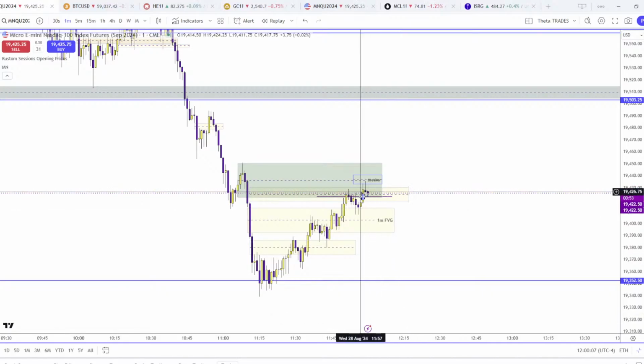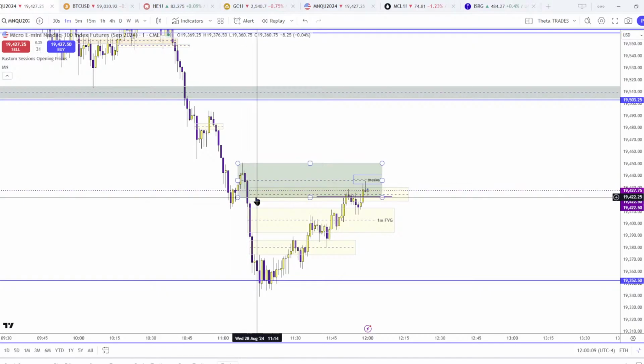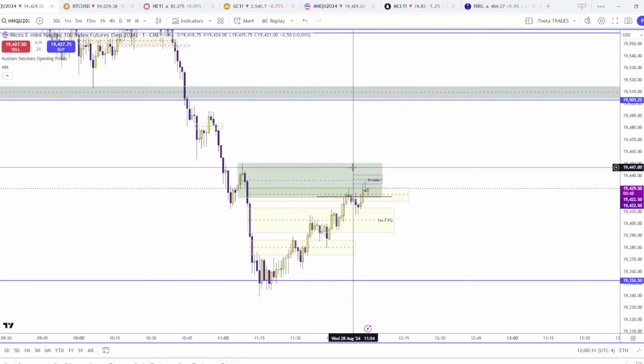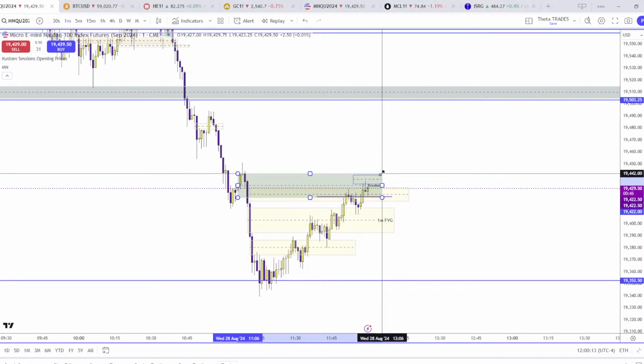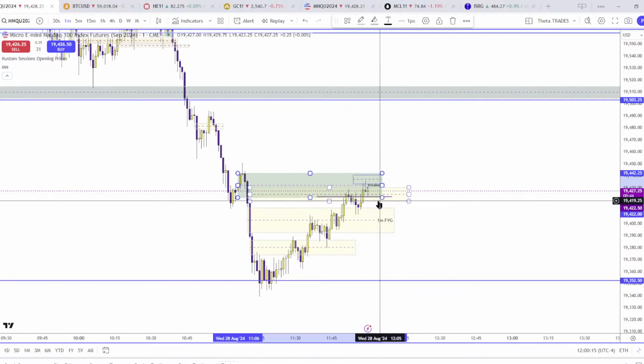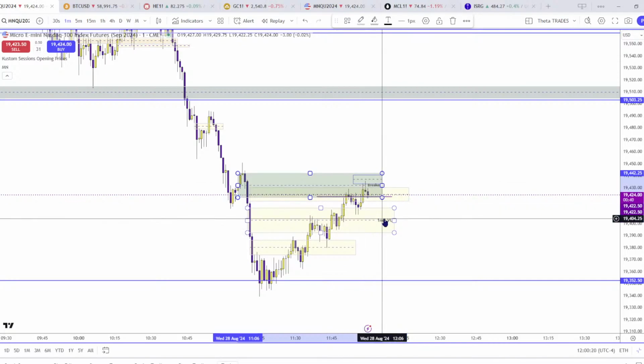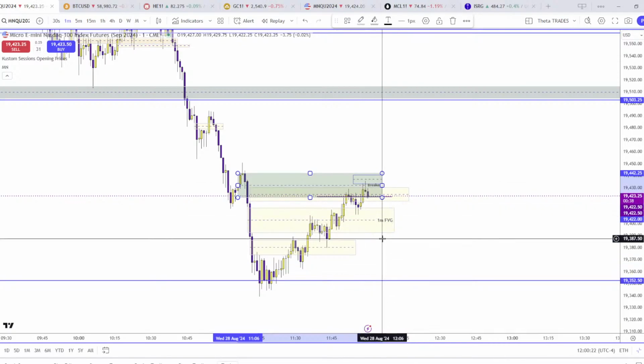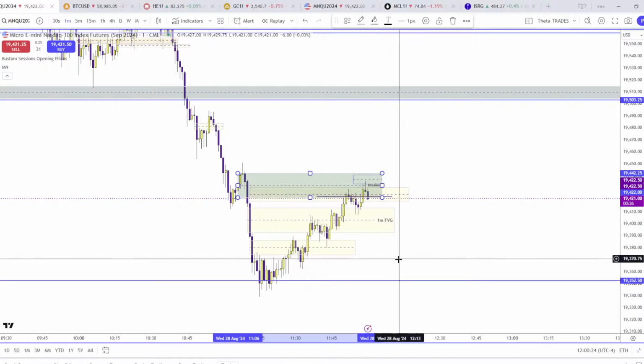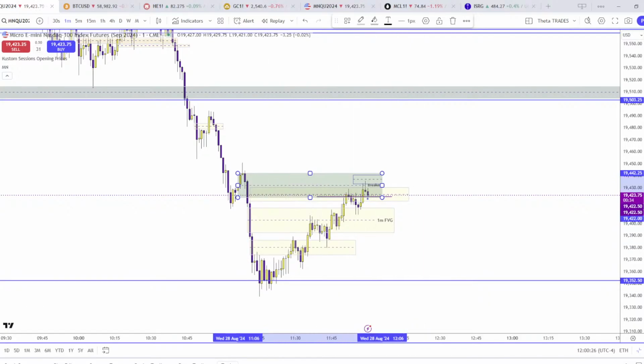And we're just coming close to the consequent encroachment of the breaker. Well, I like the consequent encroachment to be on the bodies, not the wicks. So that's the body right there. This is where it can reverse all the way down and come back into here.